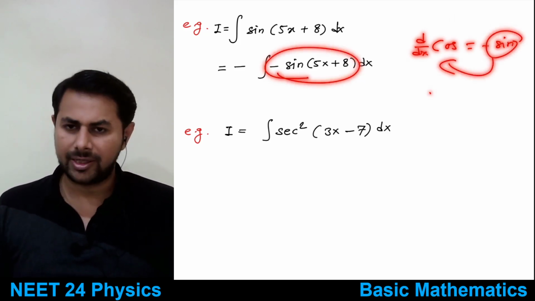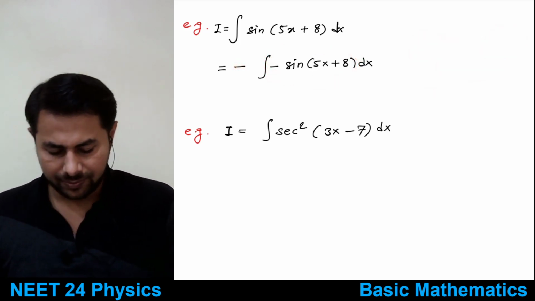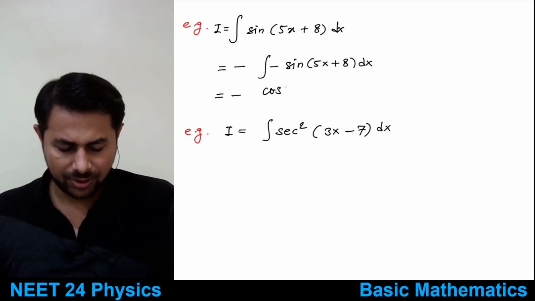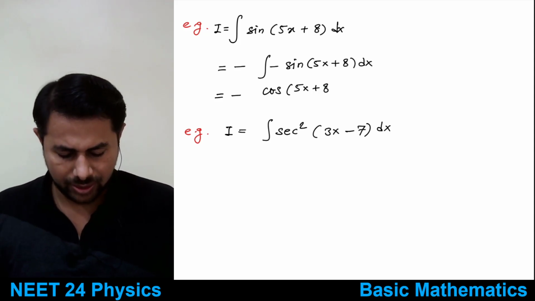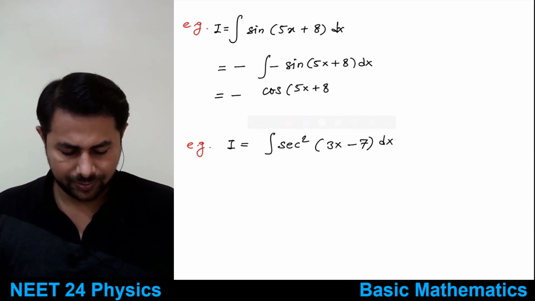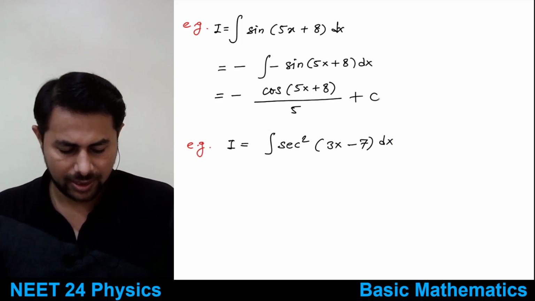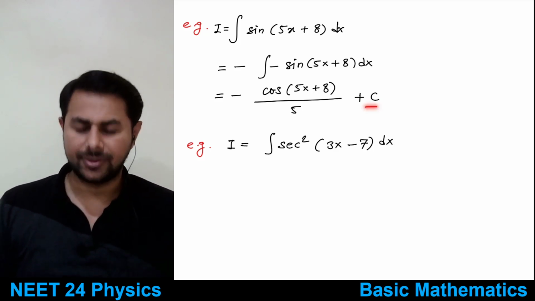But you have this negative sign here, therefore it will be minus. Then the integration of this will be cos of 5x plus 8, but then you have to divide by 5, and then there will be a constant of integration.